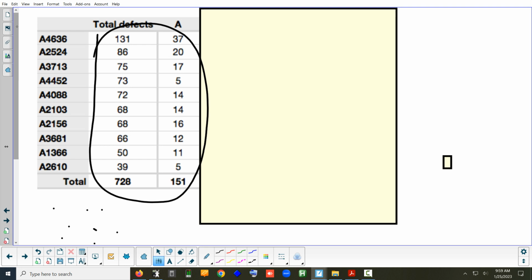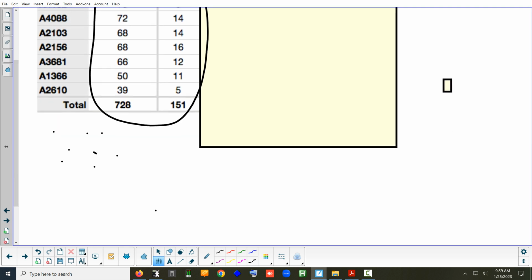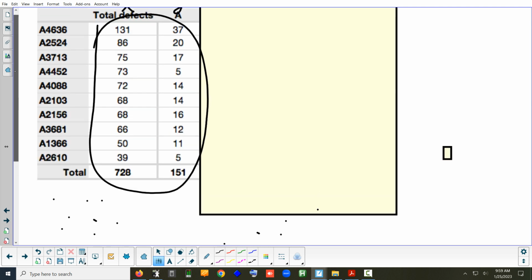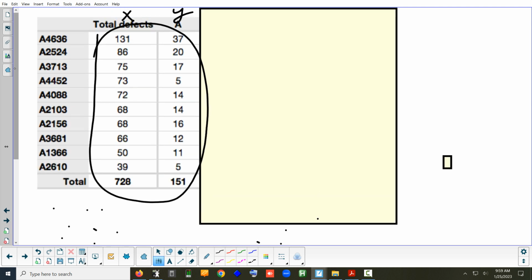If I graph all those points on a scatter plot, where like this is my x value and this is my y value, so think of each one of those as like a coordinate. If I graph them and they look something like this, then I would say, yeah, it looks like there's a pattern with those dots. But without graphing it, it's really hard to look at a table and tell, because I can't visualize all these numbers in my head. I need to see them as a picture.